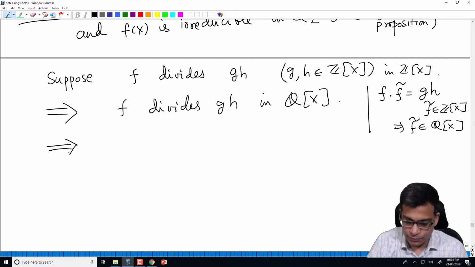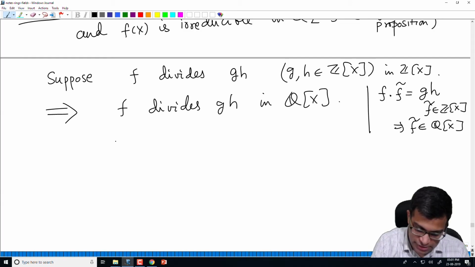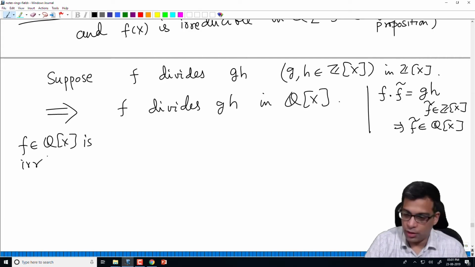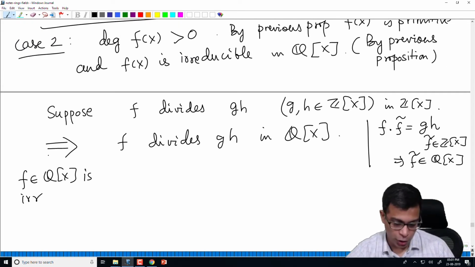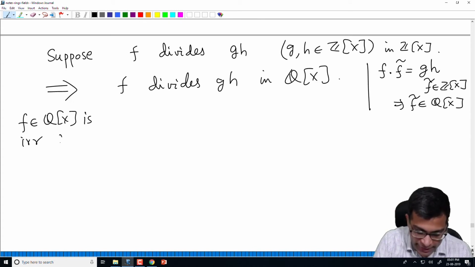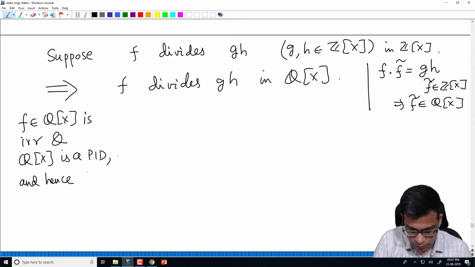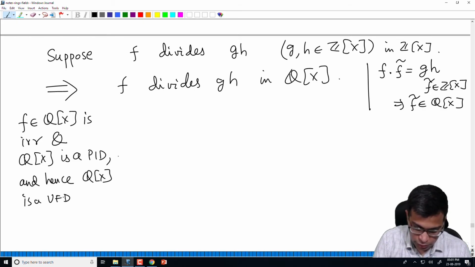But now, this is what I should emphasize, f in Qx is irreducible, right? That I have said here. f is irreducible in Qx and Qx is a PID and hence Qx is a UFD, right?